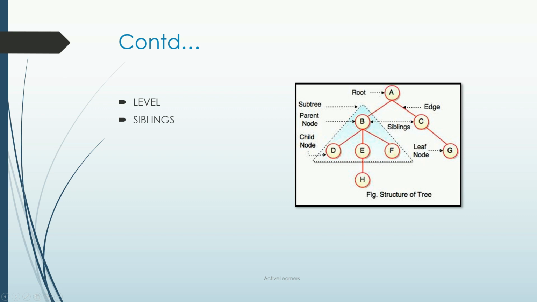And when you talk about siblings, for example, the node A has two children B and C. So B and C are the siblings. And if you consider the children of the node B, the children of the node B are D, E and F. So D, E, F are the siblings.